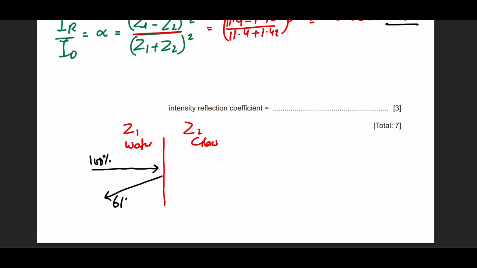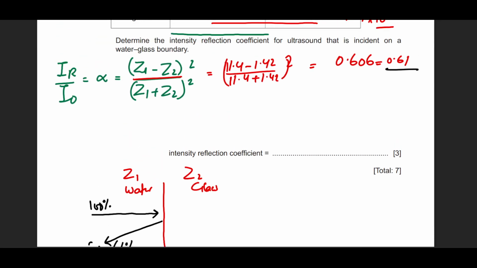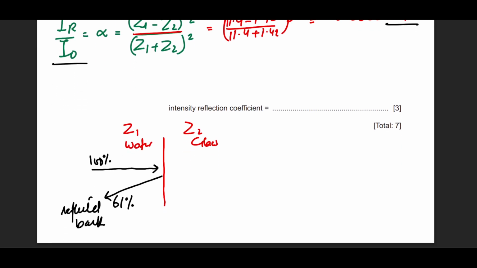So 61% is reflected back. This is what this reflection coefficient or reflection ratio shows you, that in terms of this I naught, what we introduced, how much did you get back? We're getting 61% back. And how much will be transmitted? The transmitted intensity will be, of course, 100 minus 61, which will be now 39%.